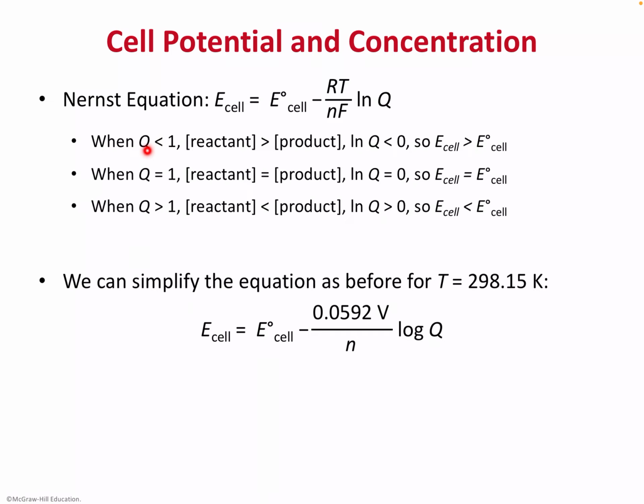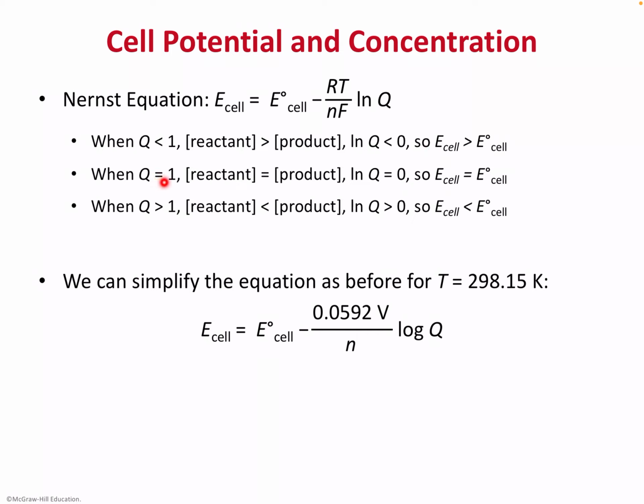When Q is less than 1, the reactant concentration is more than the product. Remember, Q is the concentration of products over reactants. So ln Q is going to be less than 0 in that case, so E cell is going to be greater than E naught cell.